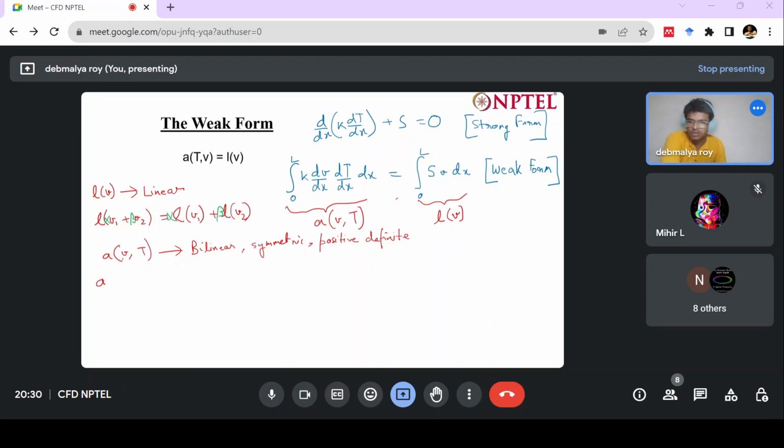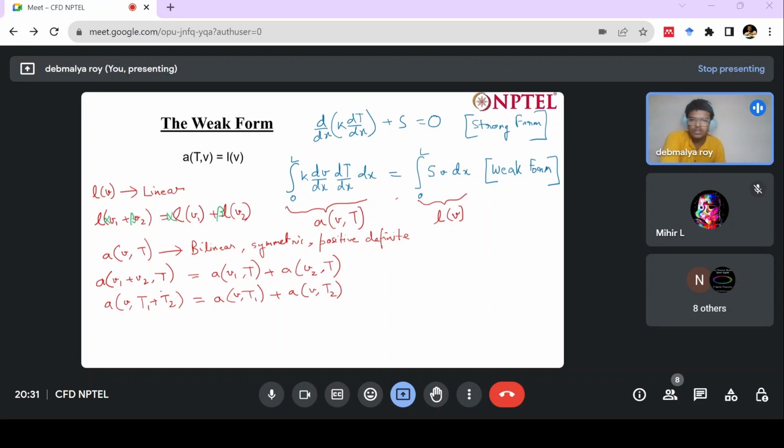Bilinear basically means both these terms are linear. So if you have a(v1 plus v2, t), this will become a(v1, t) plus a(v2, t). And if you have a(v, t1 plus t2), this will become a(v, t1) plus a(v, t2).